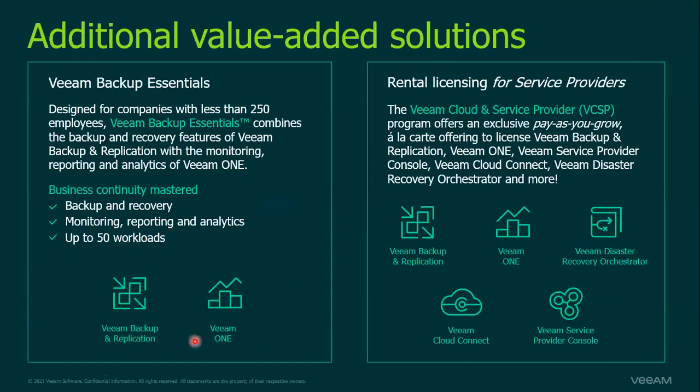Again, it's the same product, but with a limitation of 50 workloads. In Veeam Backup Essentials you also get Veeam Backup and Replication plus Veeam ONE. So if you know that you are not going beyond 50 virtual machines or 50 workloads or 50 physical servers, this product is suitable for you.